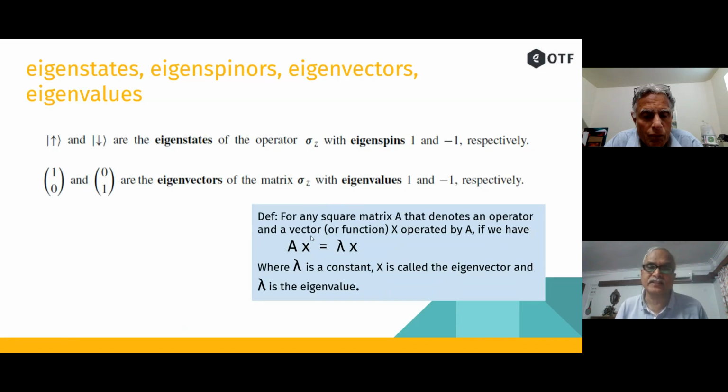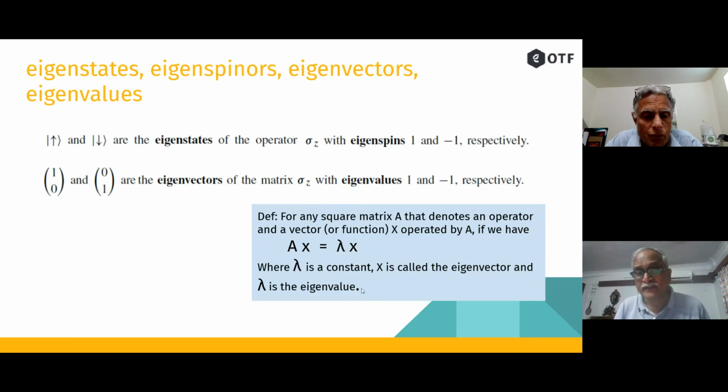Sometimes you call this also a function. This performs a transformation such that it yields a resultant vector x multiplied by some scaling factor lambda. This lambda scaling factor is a constant. This is called the eigenvalue, and this x, being unchanged, is called the eigenvector.